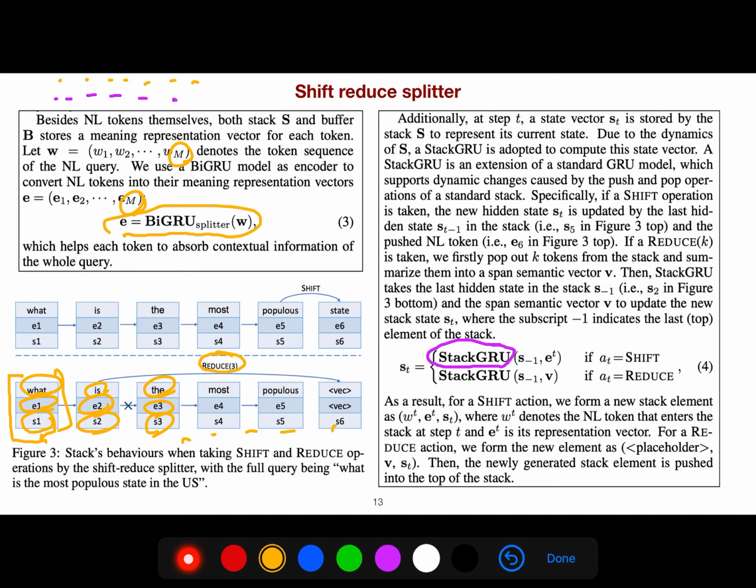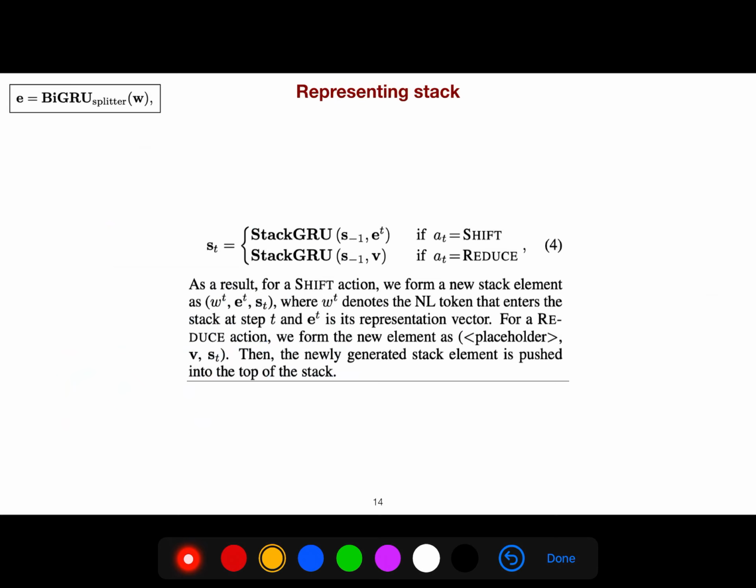It means reduce the last 3 elements in your stack. So we are representing it based on the actions. For example, if the action is shift, we use this. It just needs the last element as well as one of the tokens that you need. But if it is reduce, you use v.